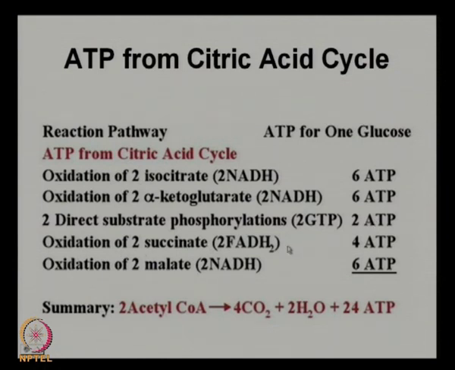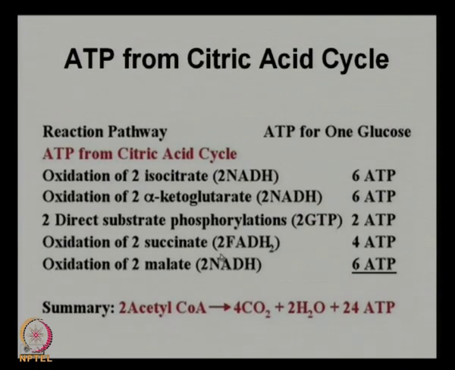Oxidation of 2 succinate is giving 2 molecules of FADH2, and 1 molecule of FADH2 is equivalent to 2 molecules of ATP. That means it is 4 molecules of ATP because 2 molecules of FADH2 are there. Oxidation of 2 malate is also producing 2 molecules of NADH, giving 6 molecules of ATP.